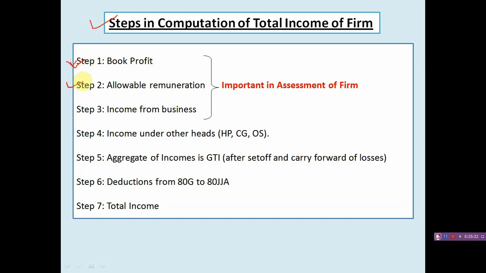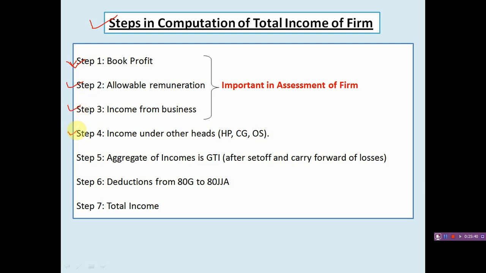The second step is to compute the allowable remuneration under section 40B, and the third step is computation of income from business of a firm. These three are the important computations in assessment of a firm.